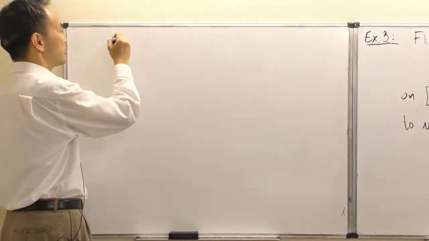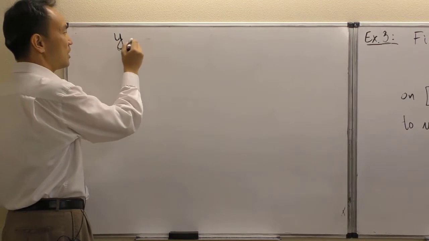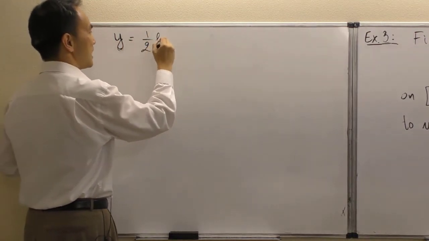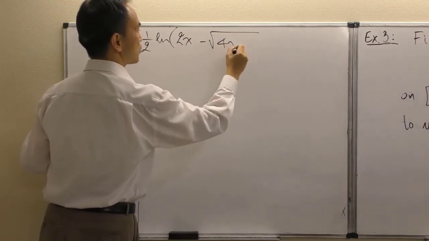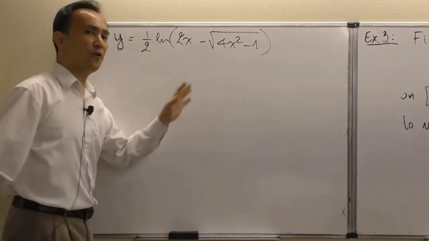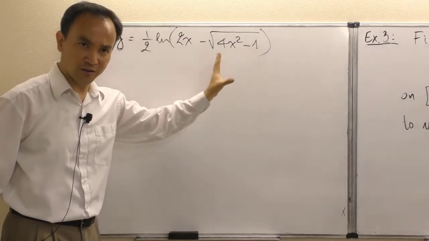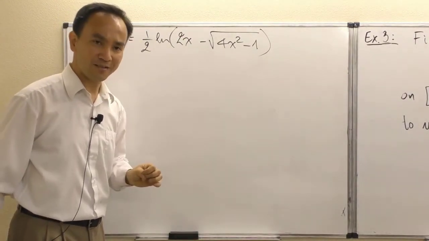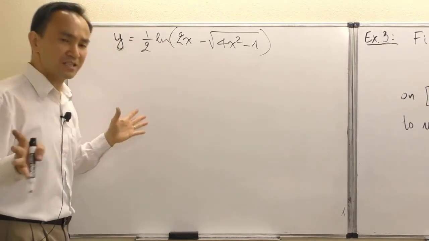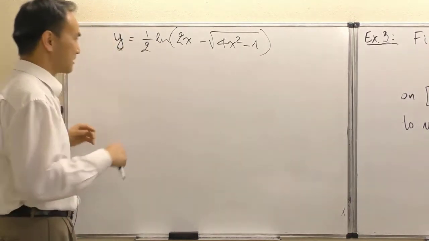Our equation is currently written as y equals 1/2 times natural log of 2x minus square root of 4x squared minus 1. Otherwise, you can follow along with this part.